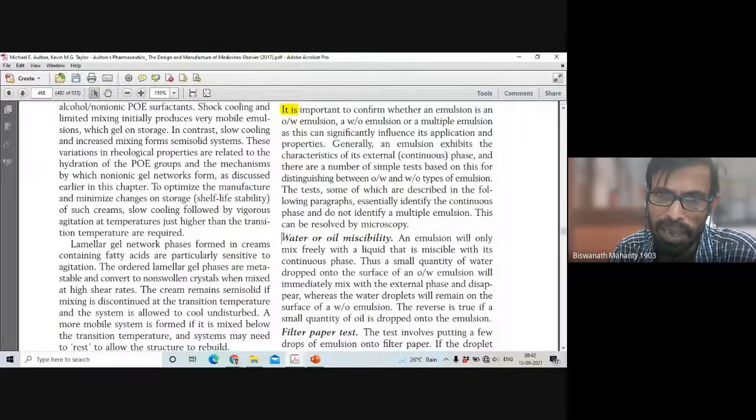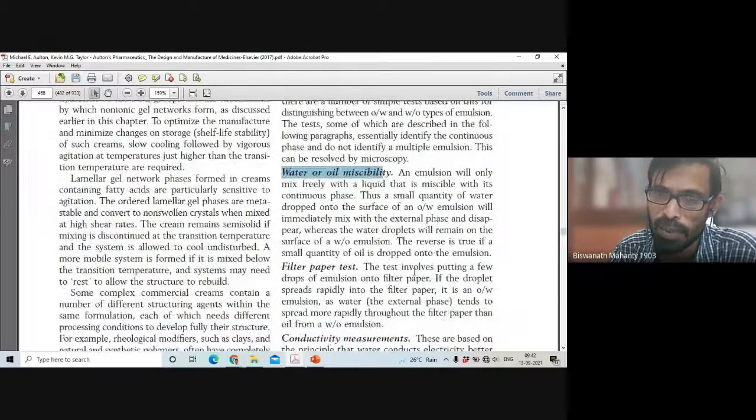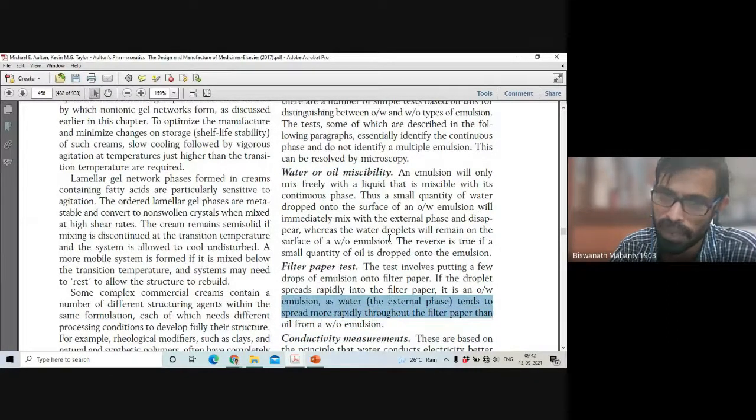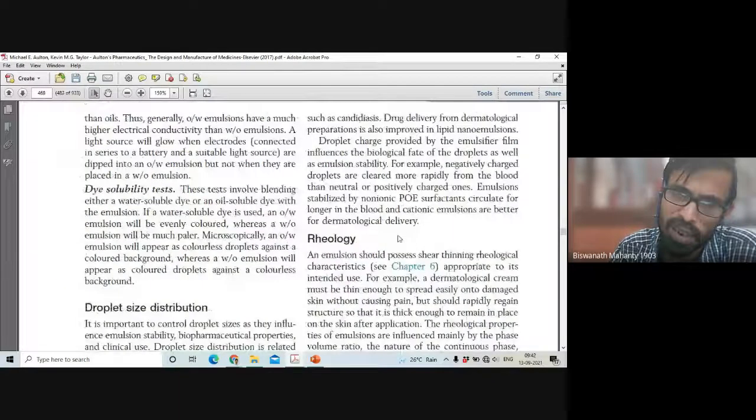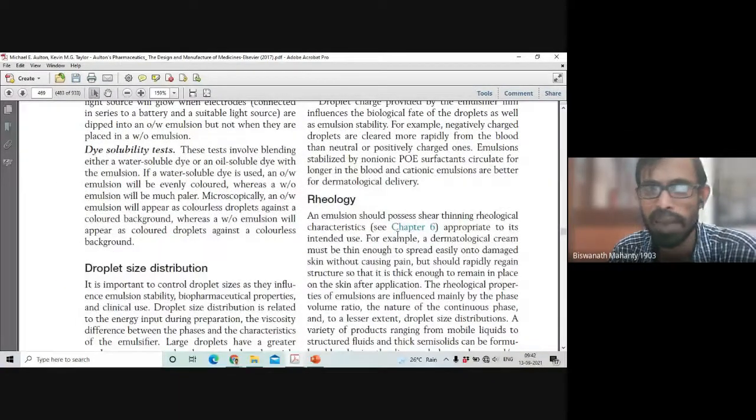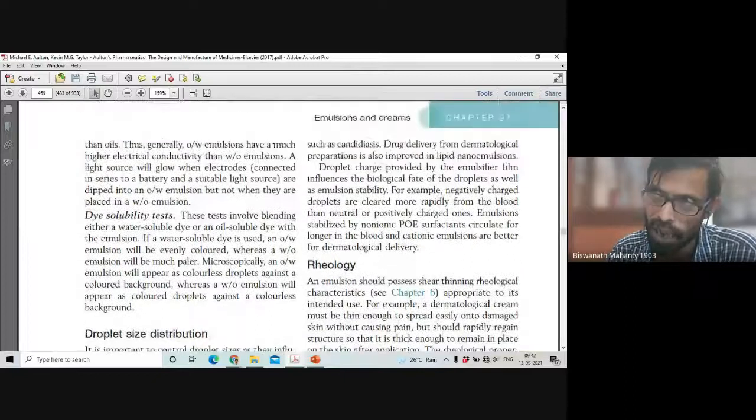Oil or water miscibility, as I am telling, whether it is mixing with something. In the filter paper test, we put a few drops, right? If it is an oil in water emulsion, then water tends to spread through the filter paper. That is the only point of the filter paper test. Conductivity measurement is on the same principle. If I have more conductivity, then I can understand the outer phase is water.